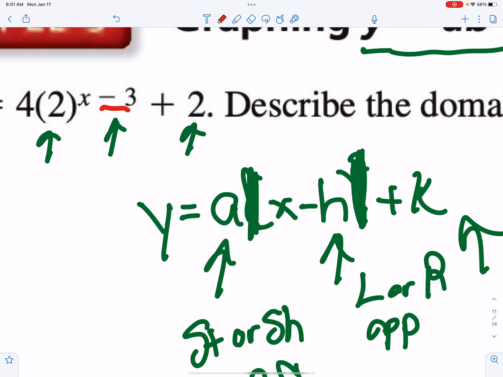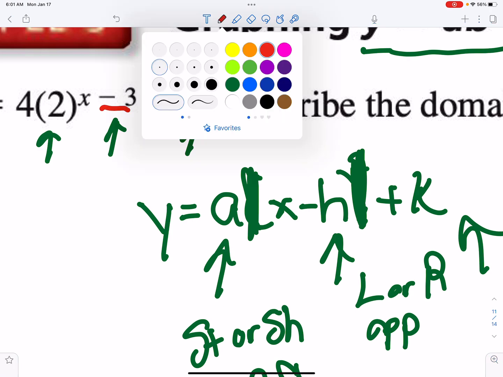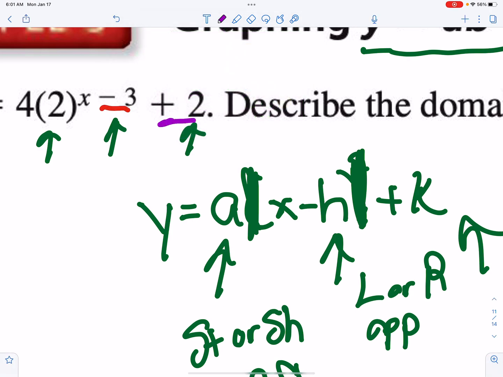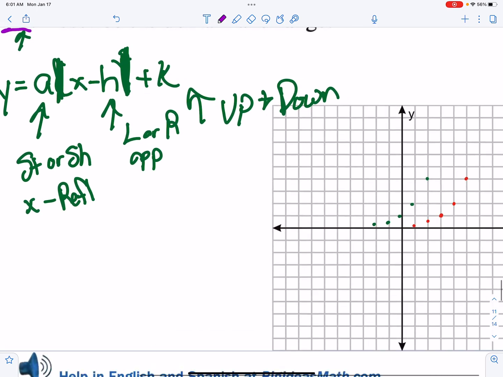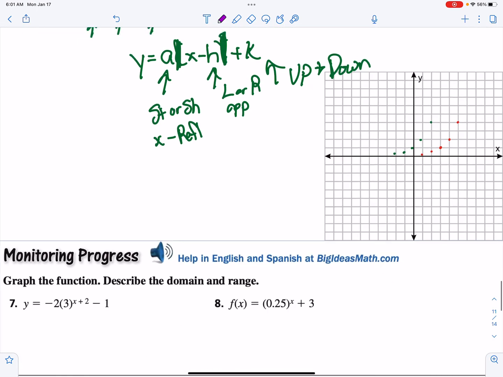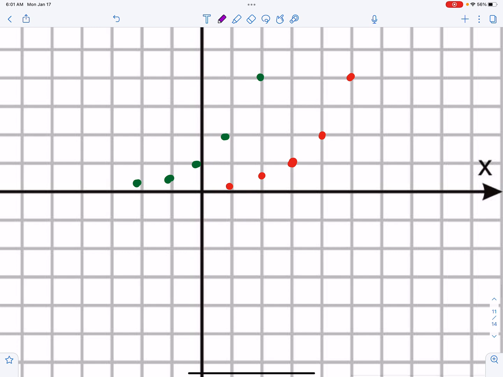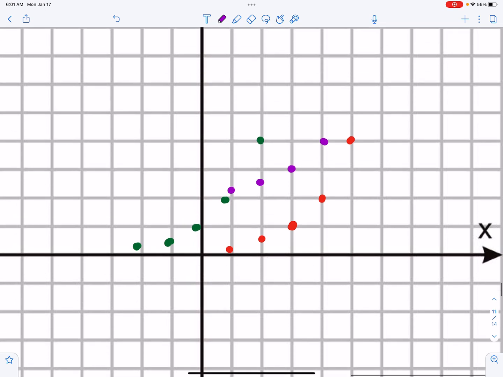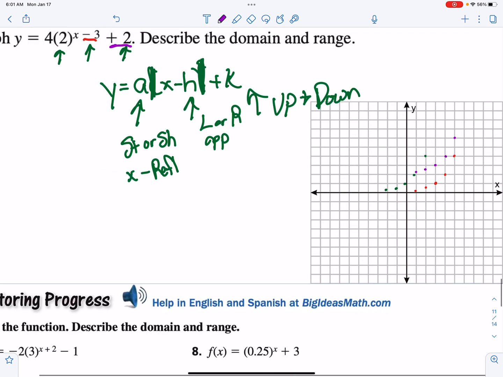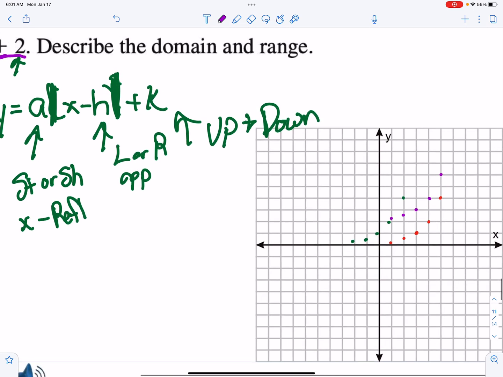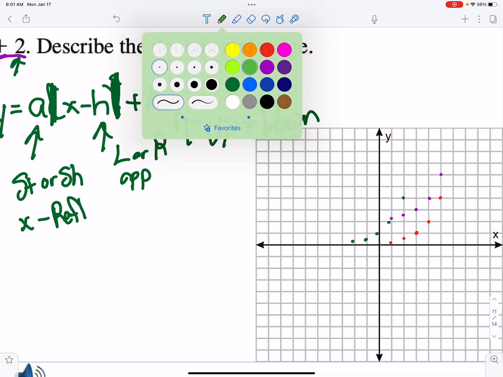And we did that in red. And then the +2 moves everything up 2. We'll do that in purple. So I'm going to take the red graph and move every point up 2. And then lastly, that 4 multiplies everything by a factor of 4. So we'll do that in green.